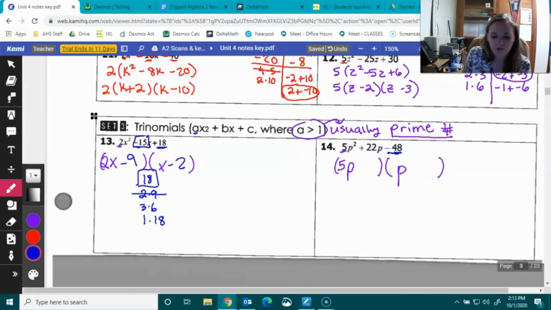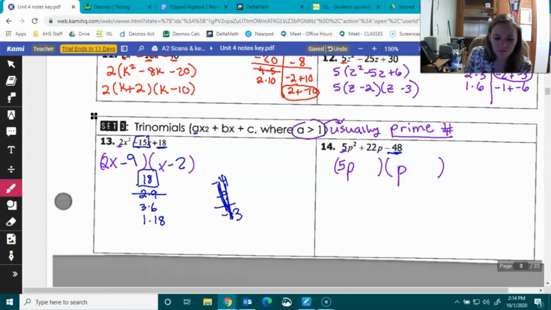So you multiply the first and the last to give you negative 4, and you multiply the two middle ones, negative 9. And that would give me a negative 13, which doesn't work. So you are supposed to switch them around. I forgot about that.